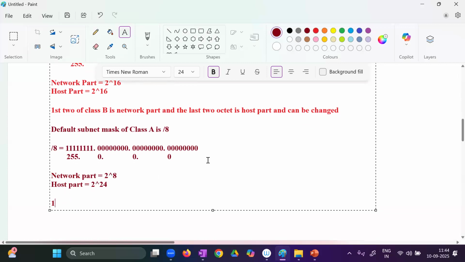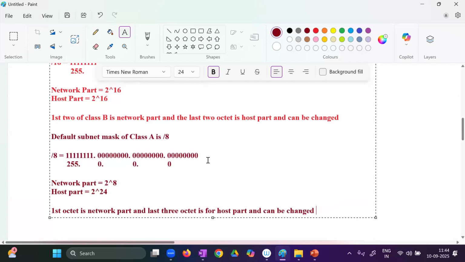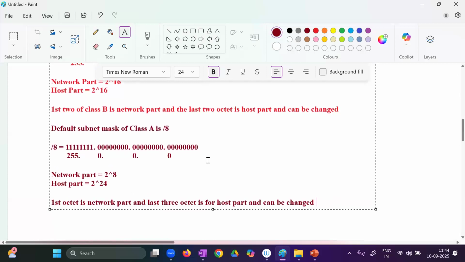The first octet is the network part, and the last 3 octets are the host part and can be changed, right? That's why compared to C, the larger network is what? A.